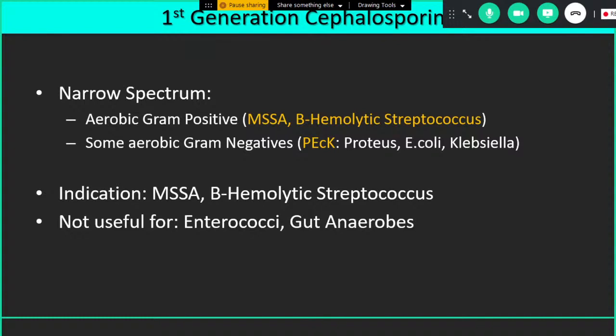M is the MRSA, and E is the Enterobacter or Enterococci. So these bacteria are basically resistant to most of these cephalosporins. There are some minimal exceptions, but as a general rule, the LAME group is basically resistant to cephalosporins.